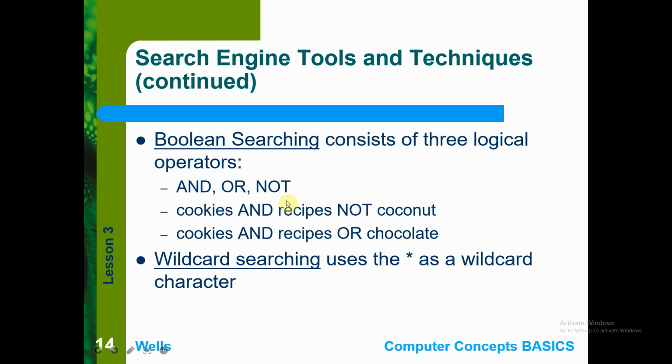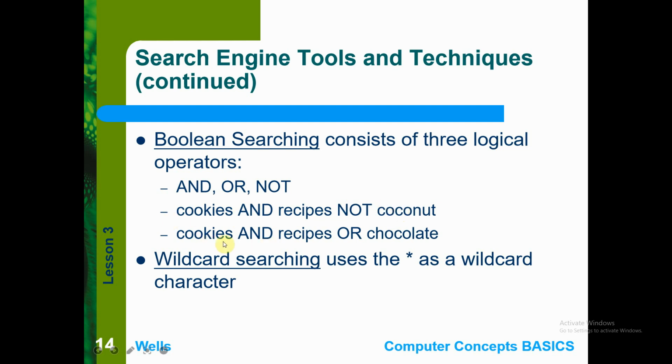And also we have Boolean searching, which consists of three logical operators: and, or, not. The or combination is if you want specific output in your search results. So here is an example: cookies and recipes but not coconut. It will show results with the terms cookies and recipes but without the term coconut.